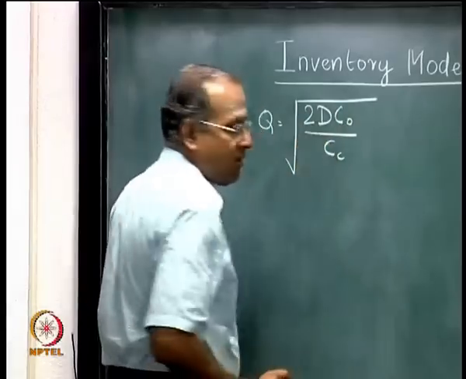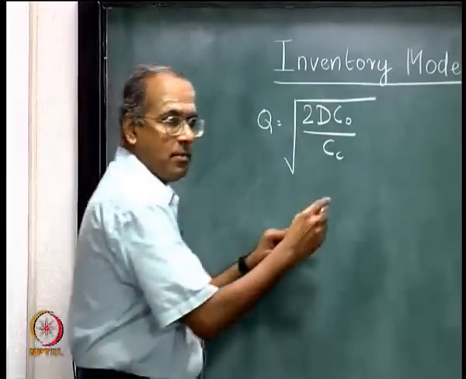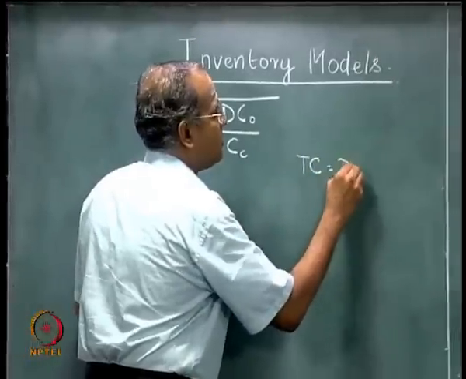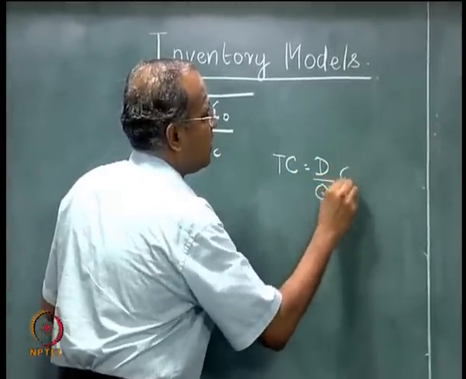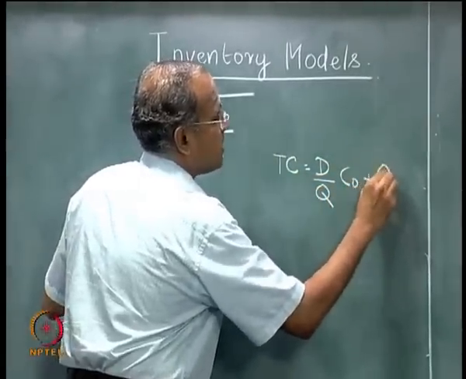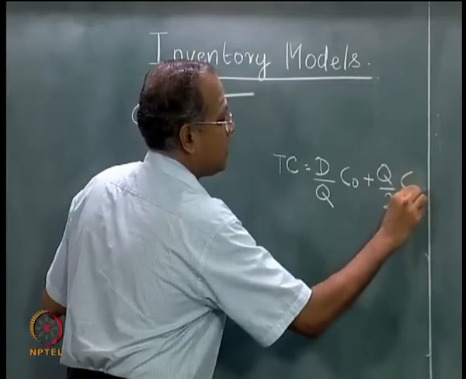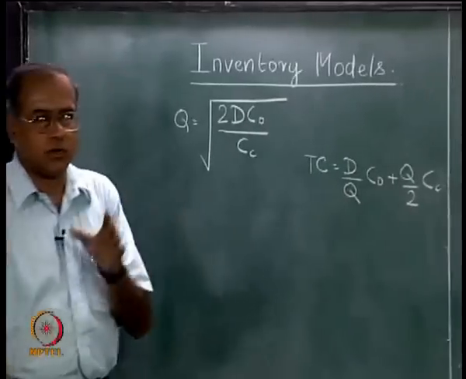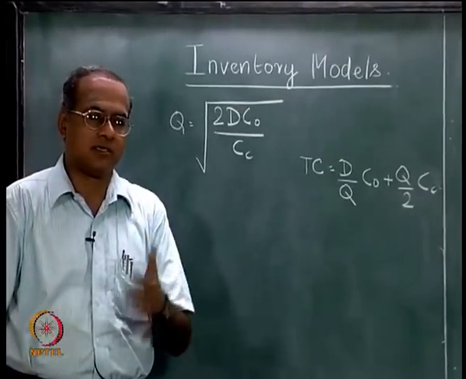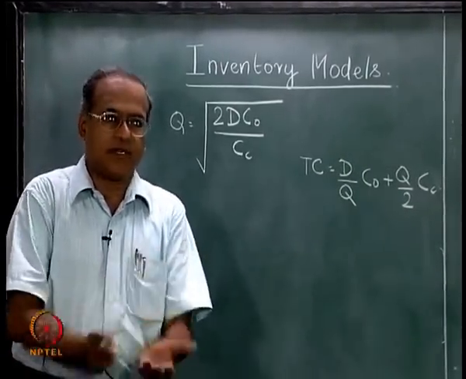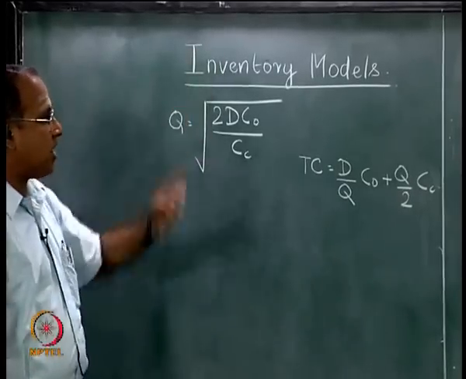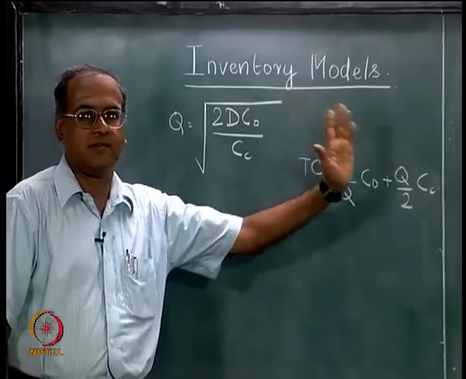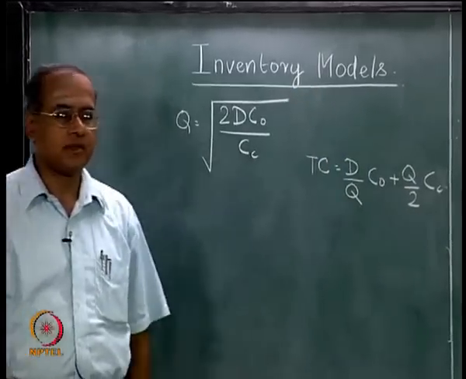This formula was derived when we tried to minimize this expression: total cost is equal to D by Q into C naught plus Q by 2 into Cc. This total cost is the total annual cost of inventory, and in this model the two relevant costs are the ordering cost and the inventory carrying cost.